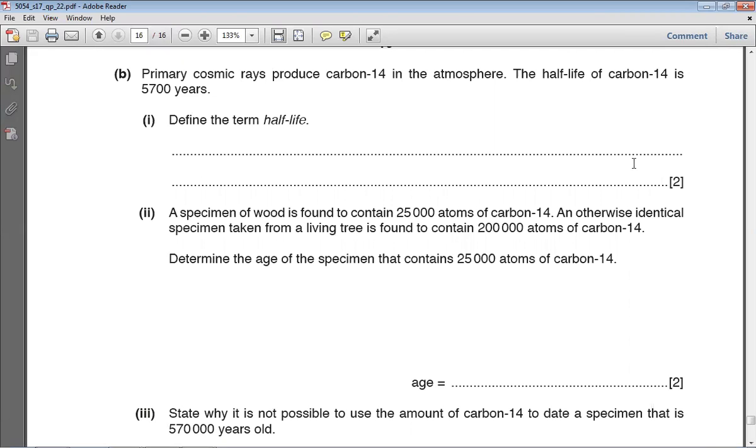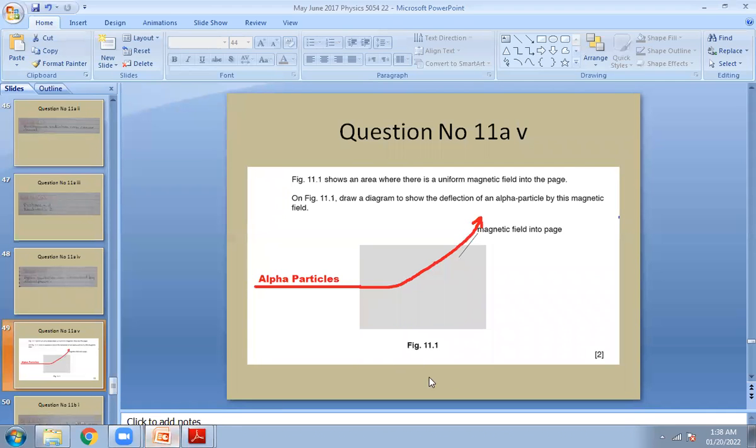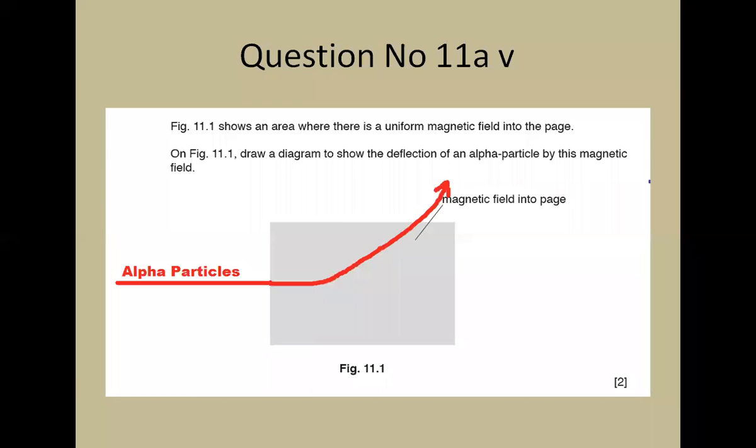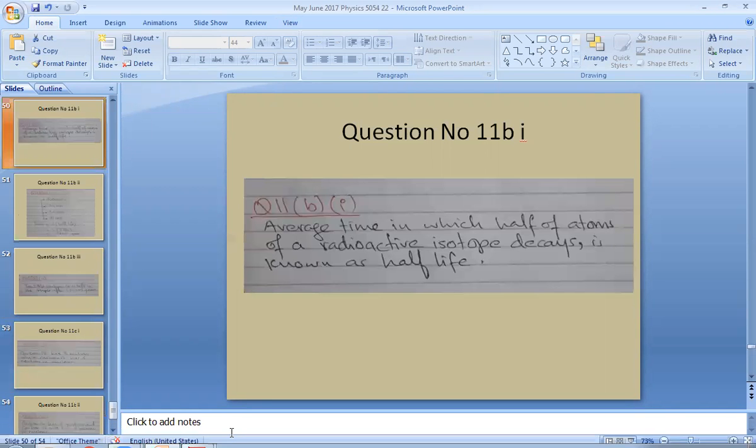It's a 2 marks definition, very important, very famous, frequently asked in the Cambridge exams. So the average time in which half of the atoms of a radioactive isotope decay is known as half-life. Remember this definition word for word.